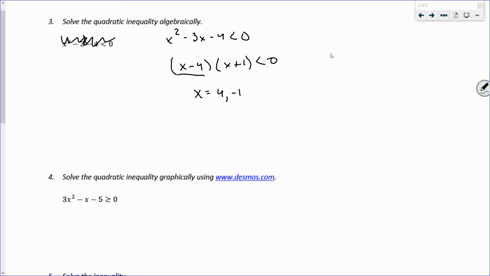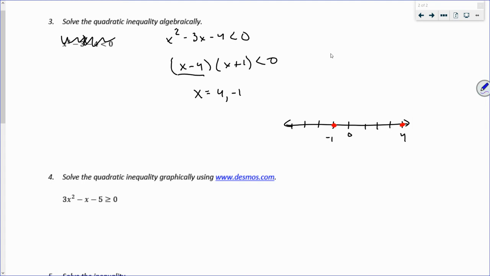Now, on a number line, if we got 0, negative 1, negative 2, negative 3, negative 4, we know that our whole inequality bases around this, right?